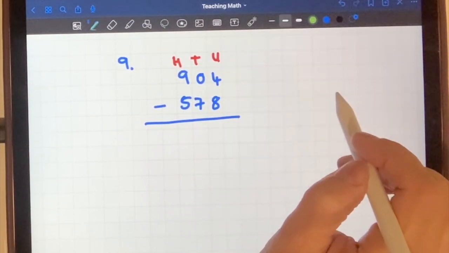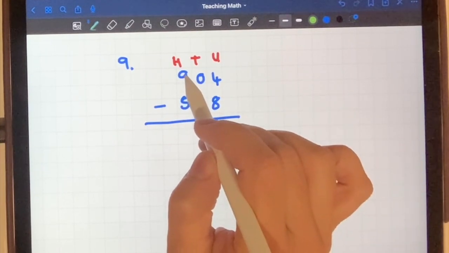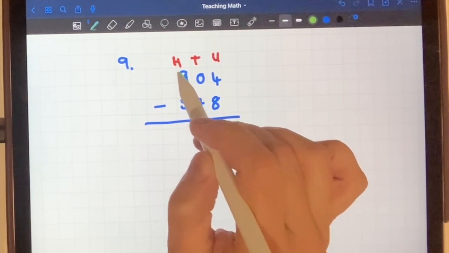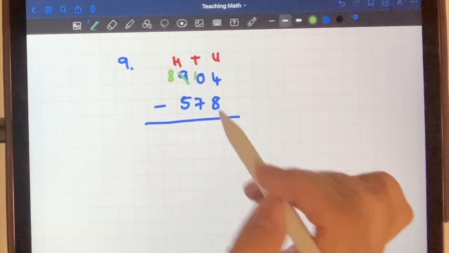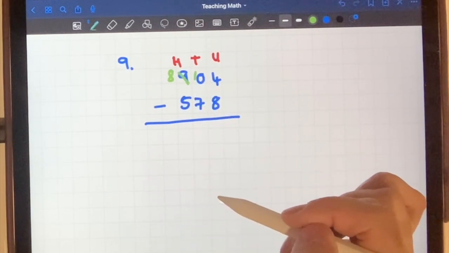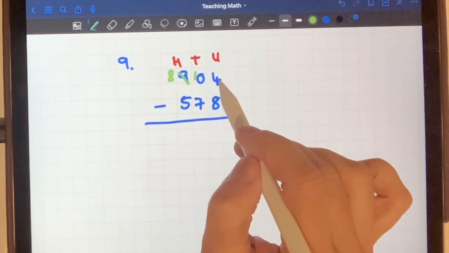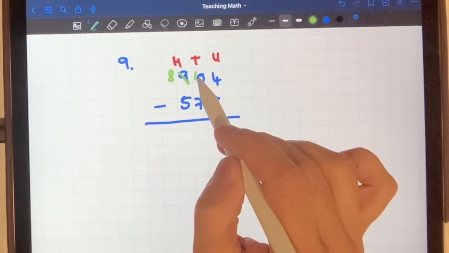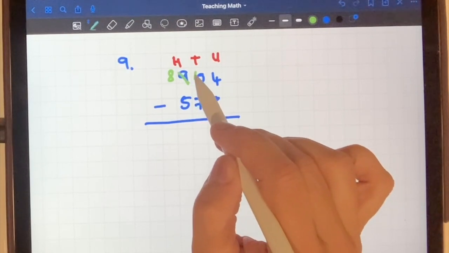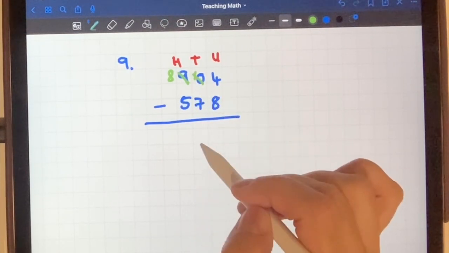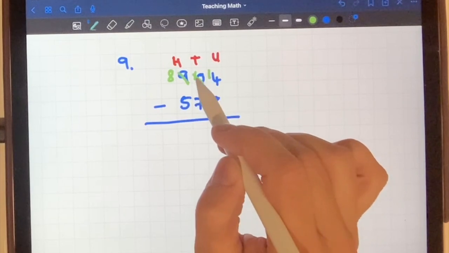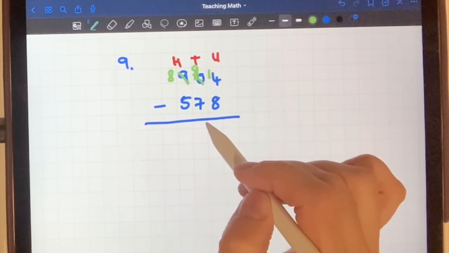So if I borrow 1 from the 9, that becomes 8, and there's the one that I've borrowed, right? But I need 1 here, so now I go back to this and I say, okay, now it's a 10. I can borrow 1, and then the 10 becomes a 9.